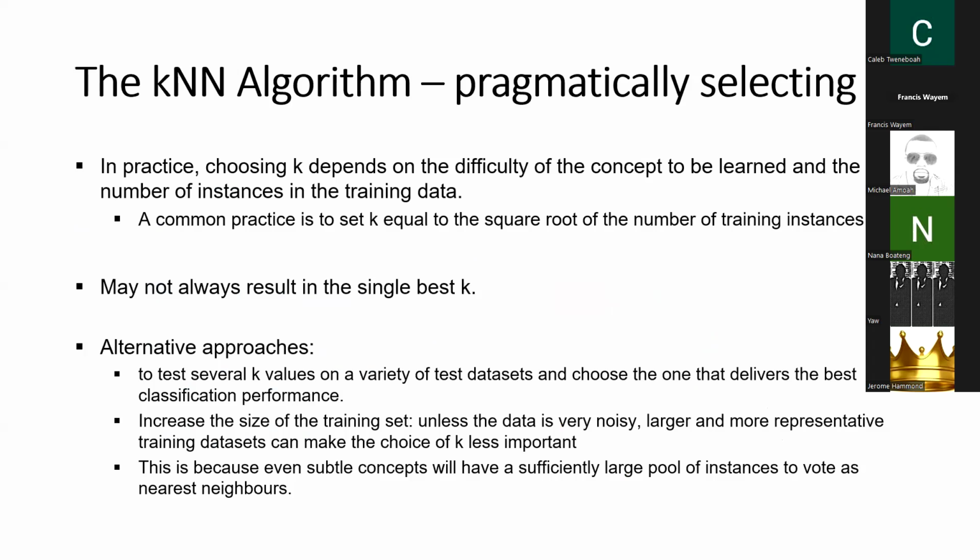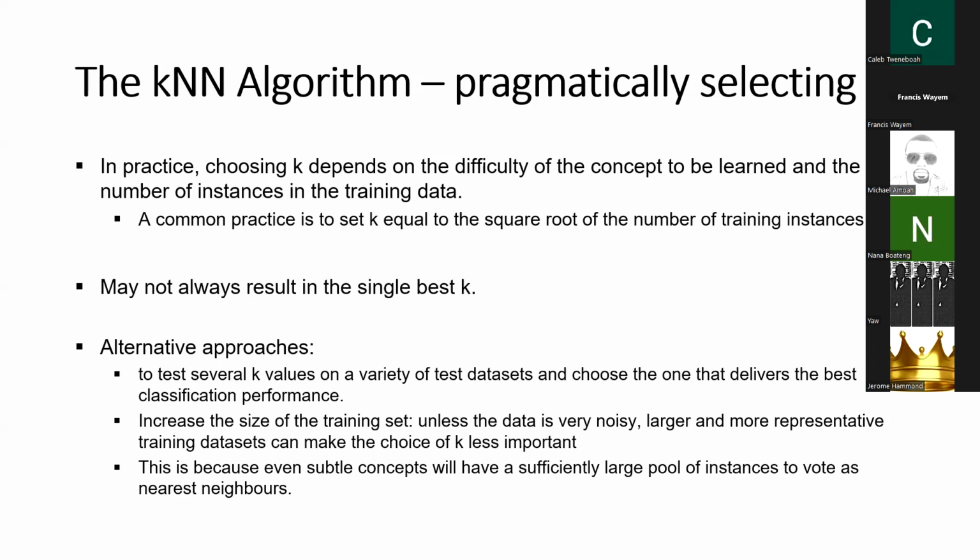The main thing is to select something that makes the predictability of your model very effective. One way to select the K is to look at the number of observations you have in your train data set. So let's say you have 100 observations, find the square root of 100, and it will be 10. So you can set your K at 10.